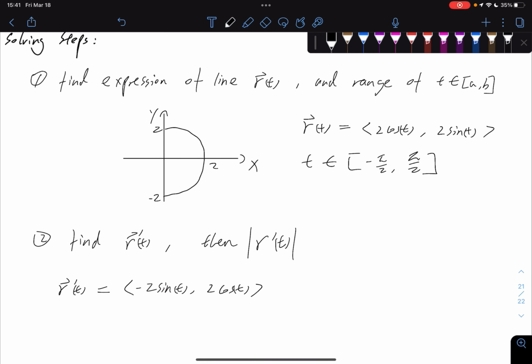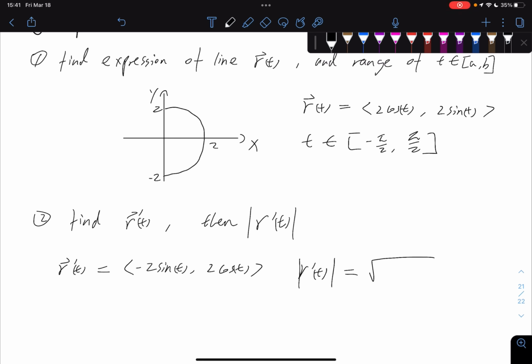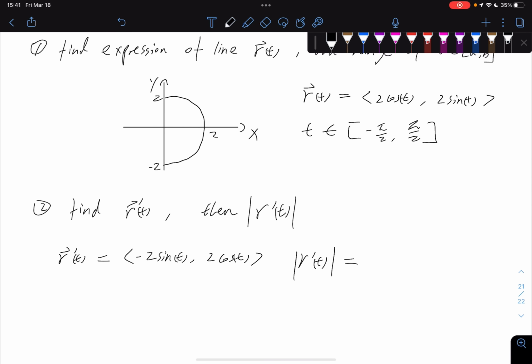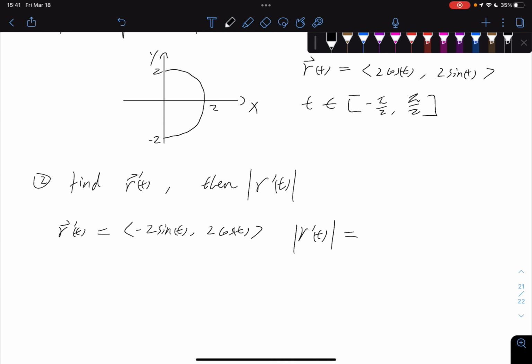And the magnitude of r prime of t, we can safely conclude, is just 2, because sine squared plus cosine squared equals 1, so the sum becomes 4, and taking the square root, the magnitude of r prime of t becomes 2.